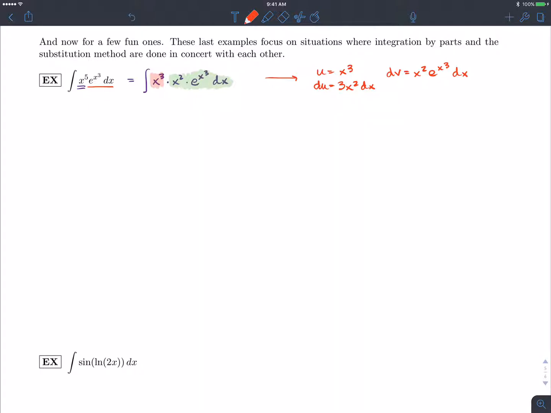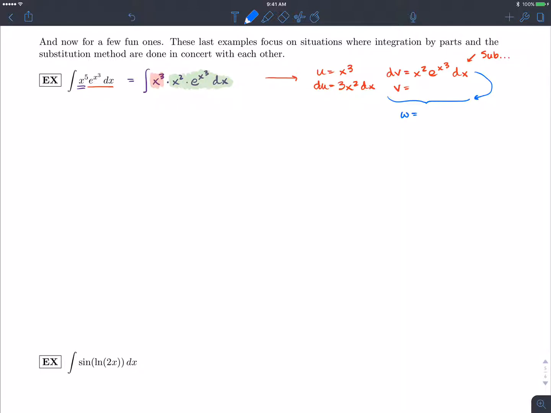And now integrating to get v, we can do this as a substitution problem. So I'm going to let you work that on your own, but actually let's just go ahead and do that. So this u sub problem, since we're doing a u sub in integration by parts, I'm going to call this just a w.